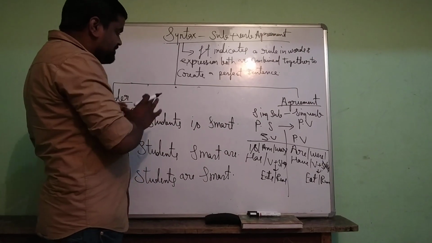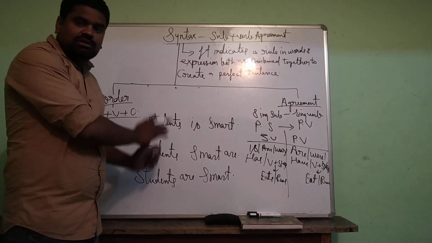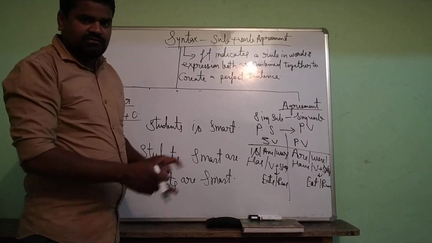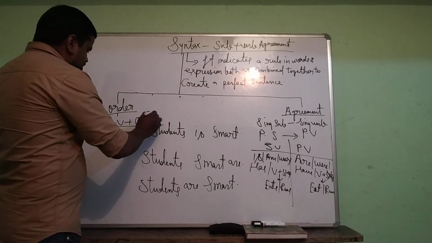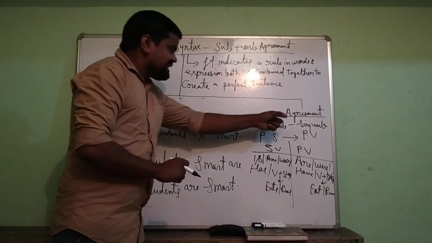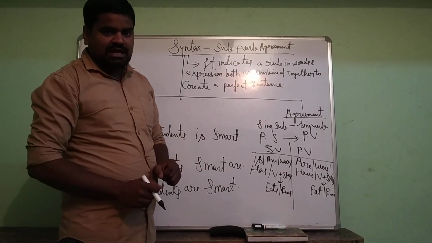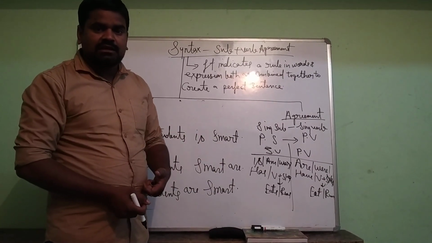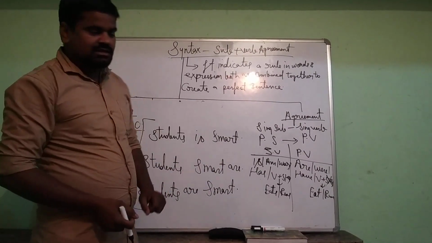There are three different types of sentences on the board which you are watching here. Here, first we have to check order and second we have to check agreement. If both are correct, then our sentence will be 100% correct.